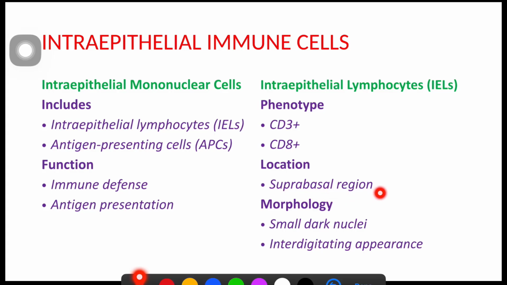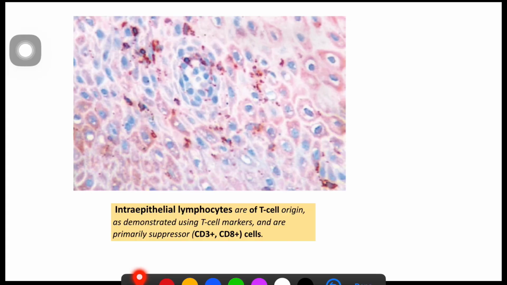The suprabasal region contains these IELs, and they have small dark nuclei and an interdigitating appearance. So, these are CD3 and CD8 positive T cells, the intraepithelial lymphocytes.